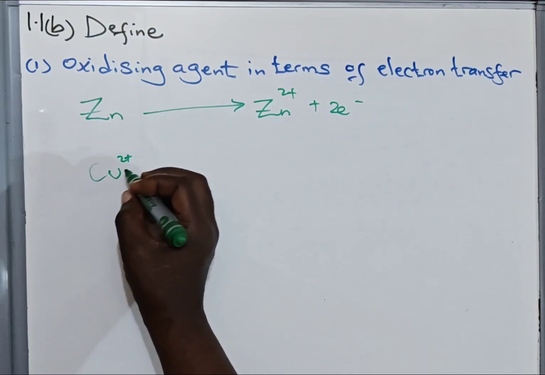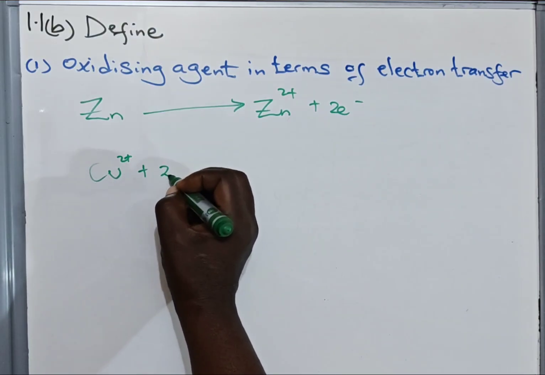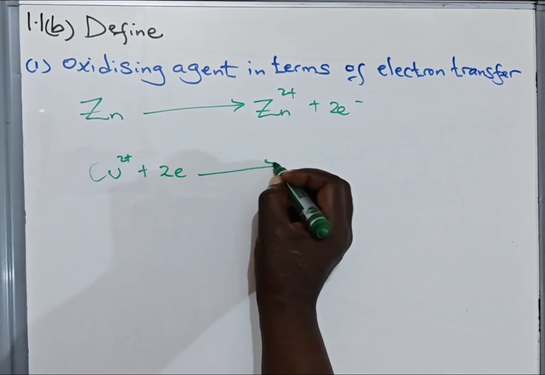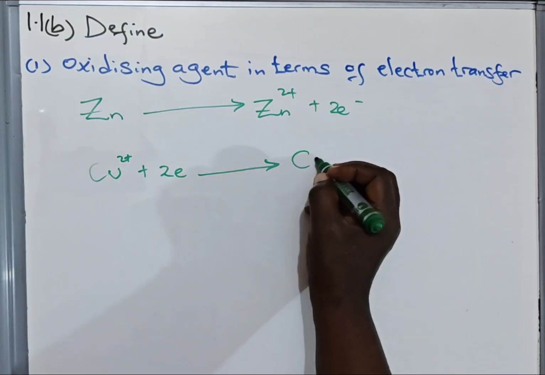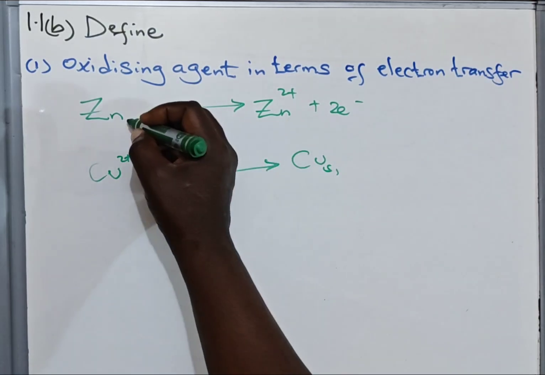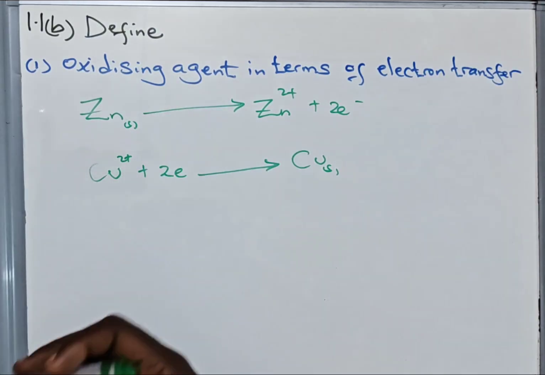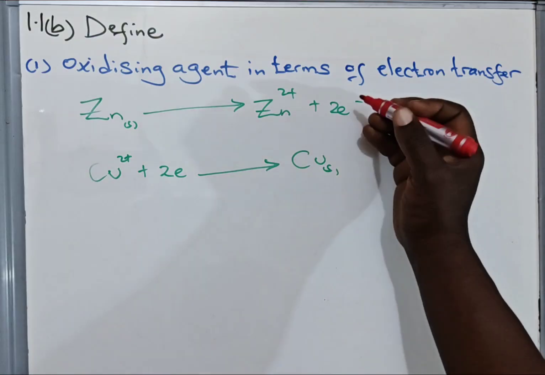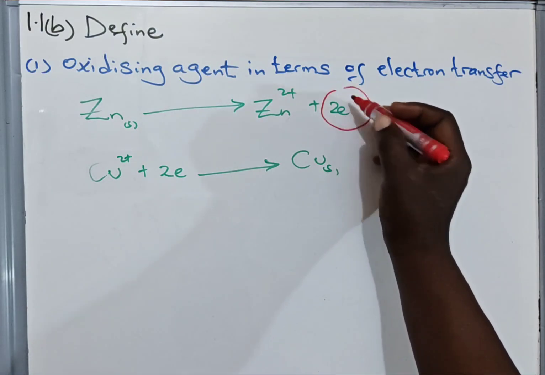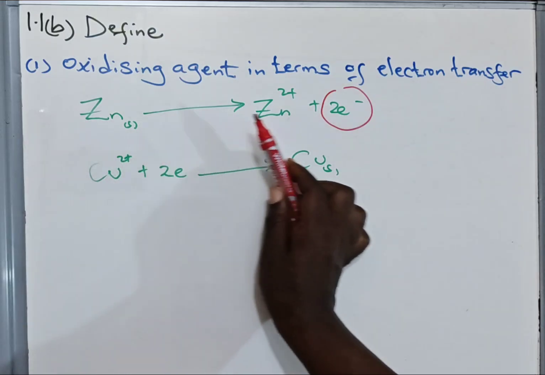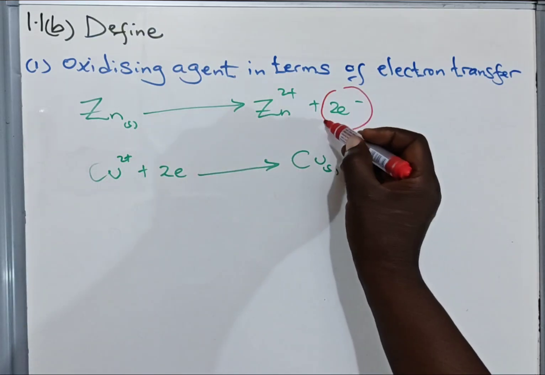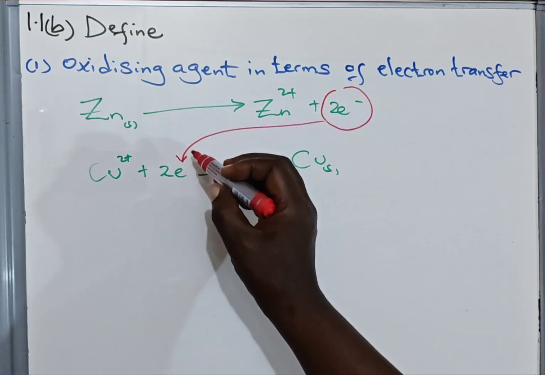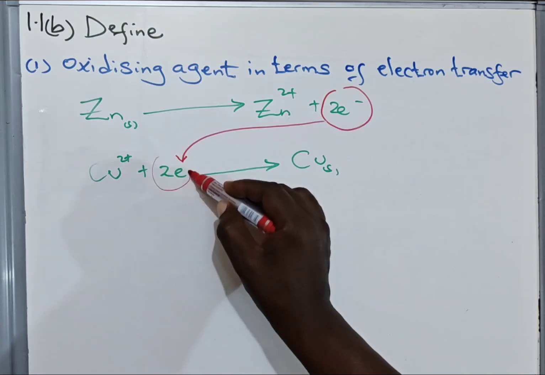Copper ions will take up 2 electrons to become copper solid. Now, I want you to know that the electrons which are lost during the oxidation of zinc are the ones which are transferred during the reduction of copper ions.